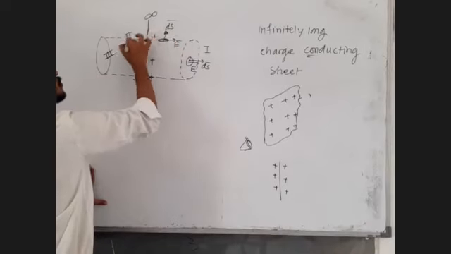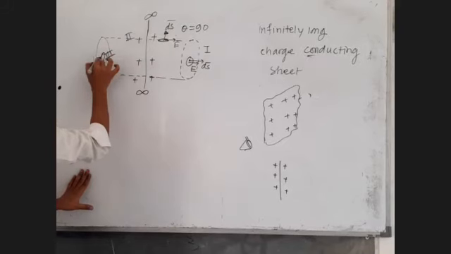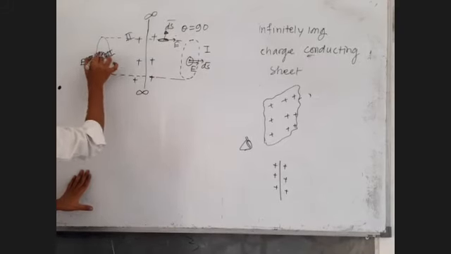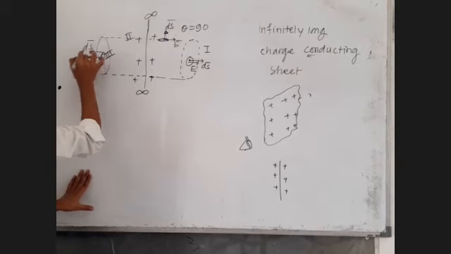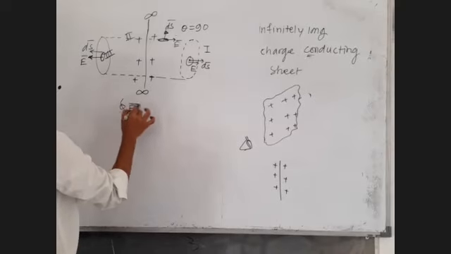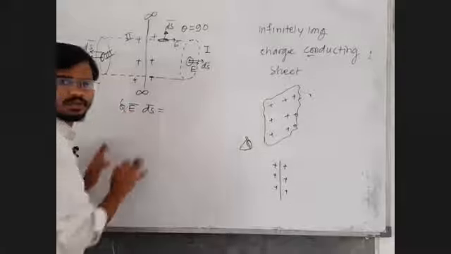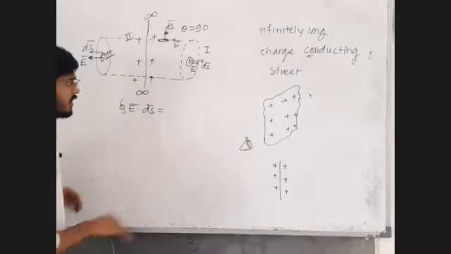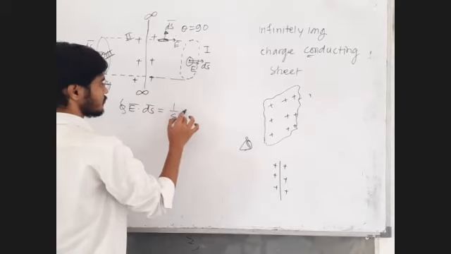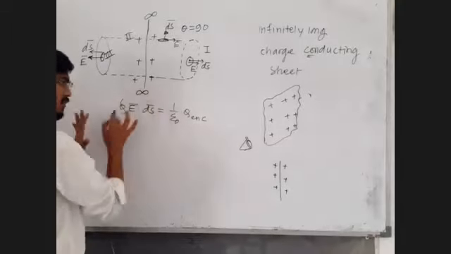This is surface 2, angle theta 90. Here electric field E, area vector ds bar. Closed integral E bar dot ds bar is equal to, everything will be the same on the left hand side. What will change is the right hand side, the charge enclosed.